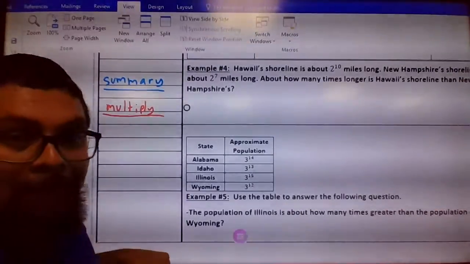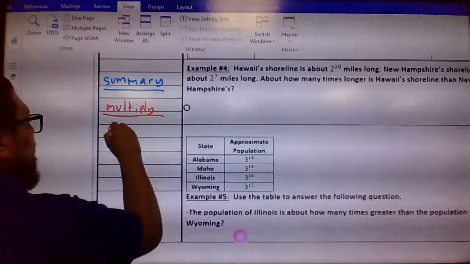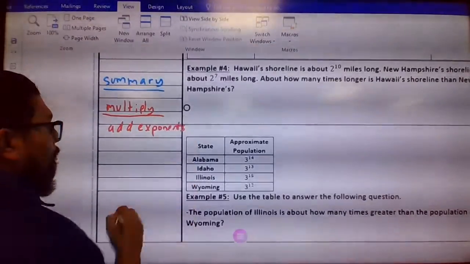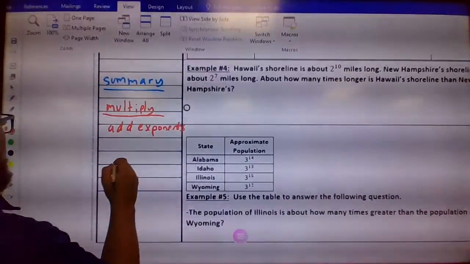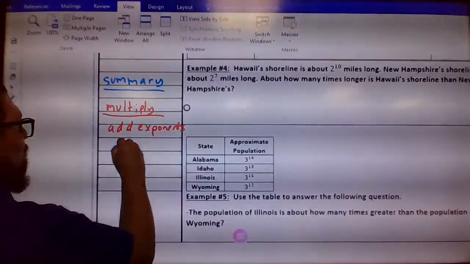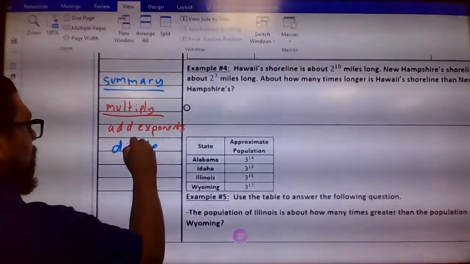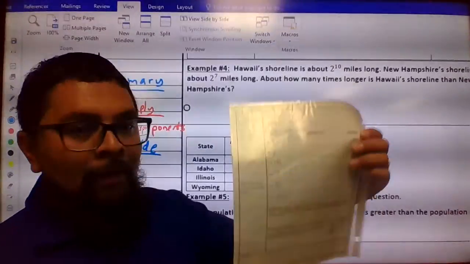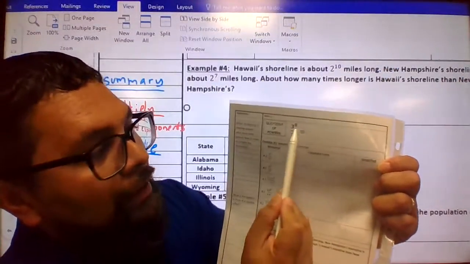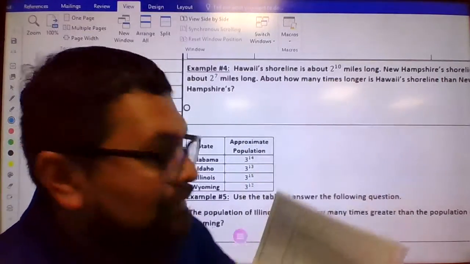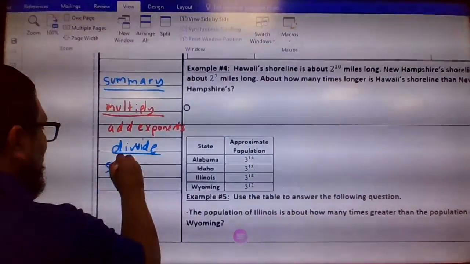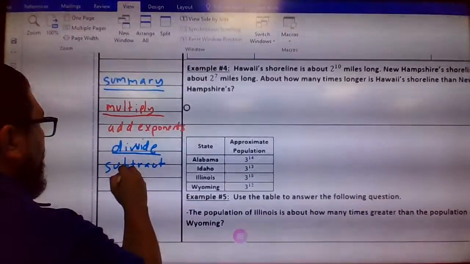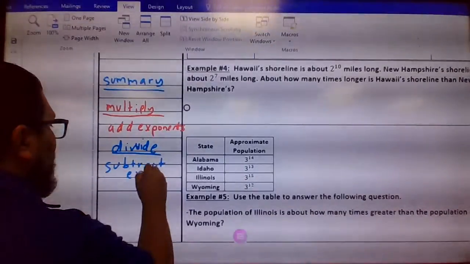When you multiply powers, you add the exponents. When you divide powers, you subtract the exponents.